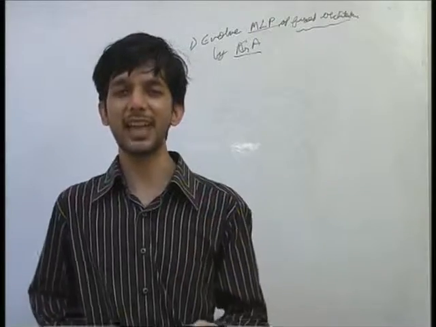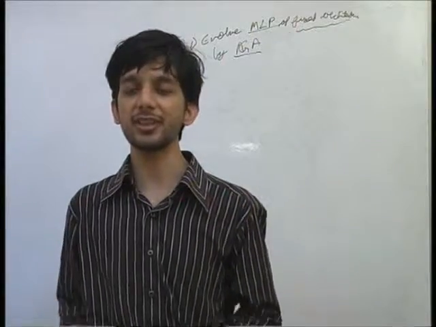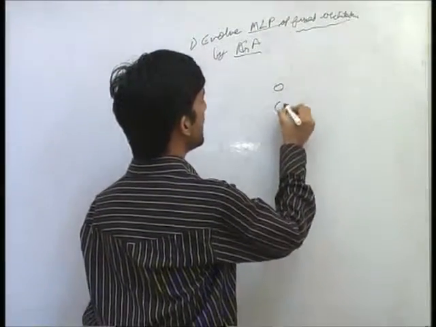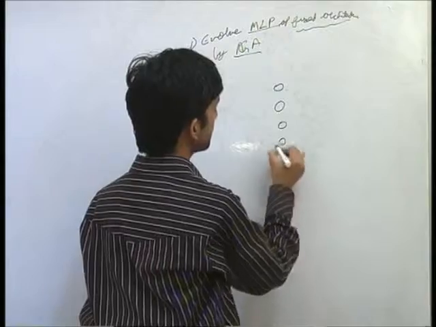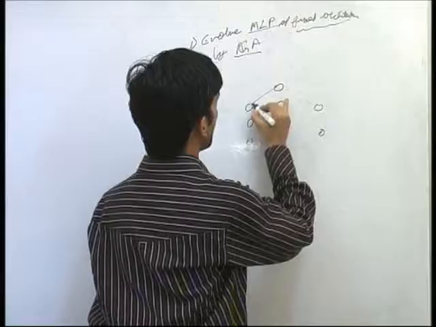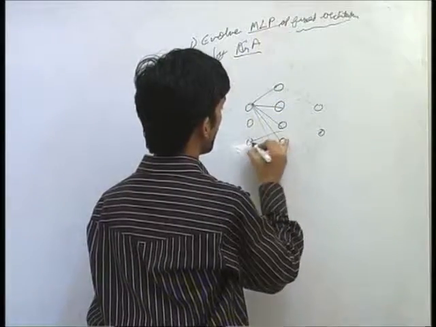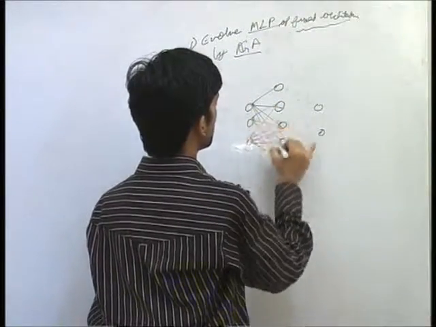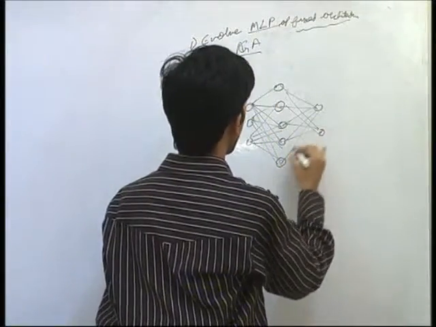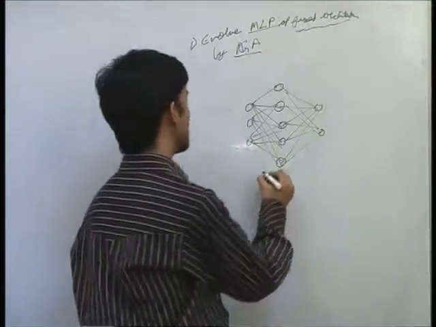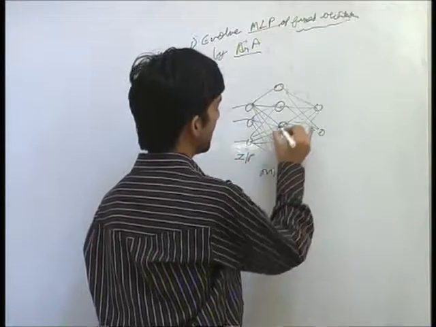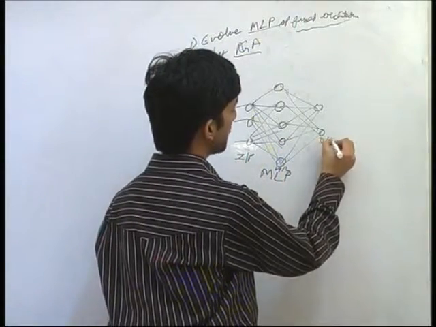I already have in hand a fixed architecture multi-layer perceptron. So this is something that has already been given to me. And so on, all these various connections will be there over here. I already have this thing in hand. I already have a multi-layer perceptron that comprises the input layer, the hidden layer and the output layer.